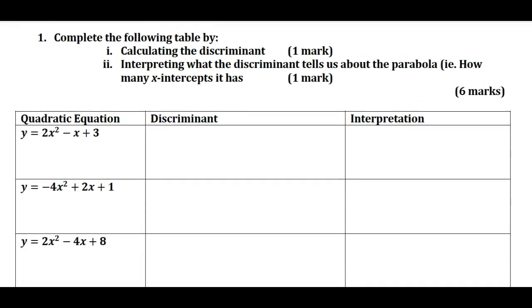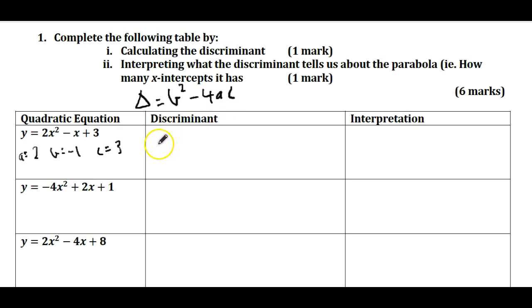All right, now moving on to short answer. First of all, we've got to calculate the discriminant and interpret what it tells us about the parabola, so how many x-intercepts it has. Over here I'm just going to identify A, B, and C. And remember your discriminant, I'm just going to write it up here, otherwise I'm going to run out of room on the sheet.